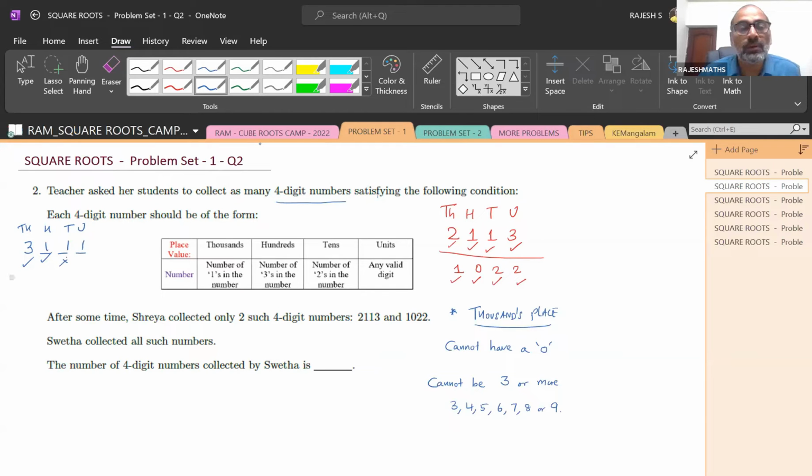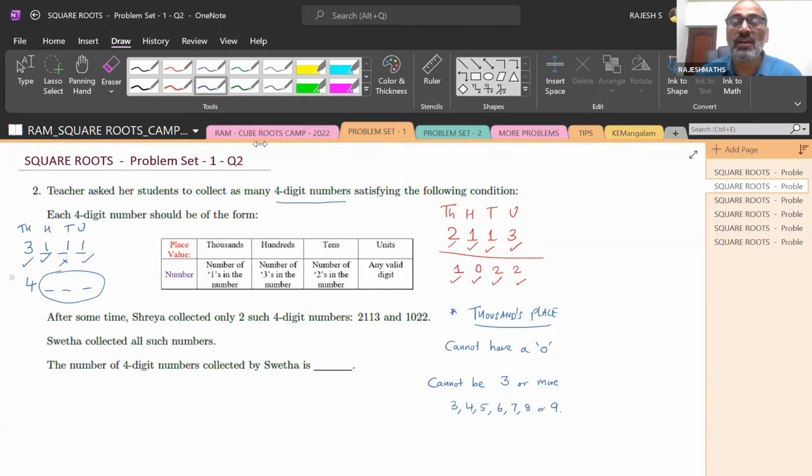There is no 2, and this is okay, any valid digit. Why can't we put something with 4? There should be 4 ones, but there are 4 digits. Remaining, you have only 3 places. Even if you fill all of them with ones, you can't get 4 ones. So 5, 6: first of all, the length is only 4, so we cannot have 5 or more.